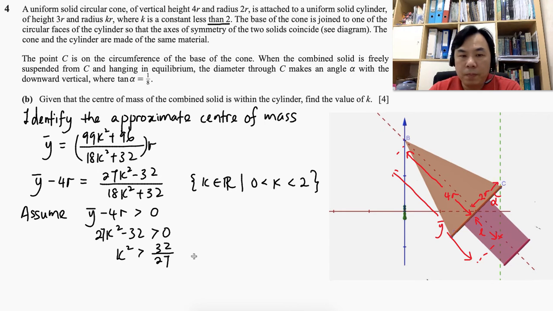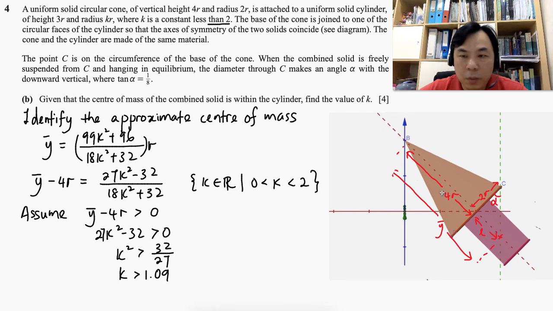That is 32 divided by 27, and then I'm going to square root that, giving approximately 1.09. So k will be greater than approximately 1.09, and of course less than 2.